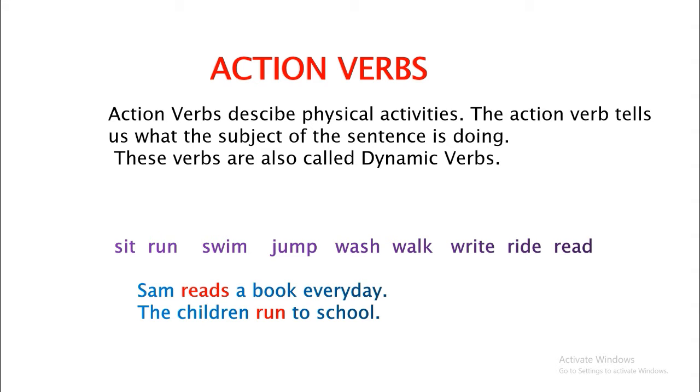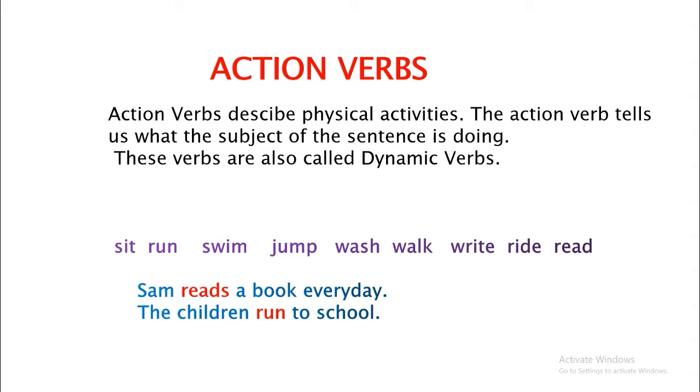We call these words dynamic verbs as well. Now you can see the examples, the physical activities: sit, run, swim, jump, wash, walk, write, ride, read, draw, drink. All these verbs show some kind of physical action.